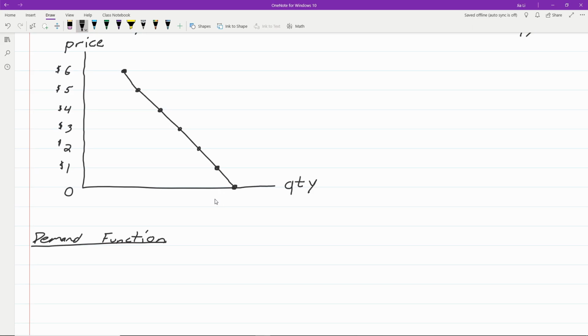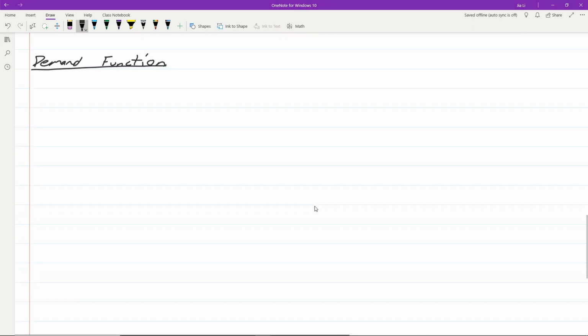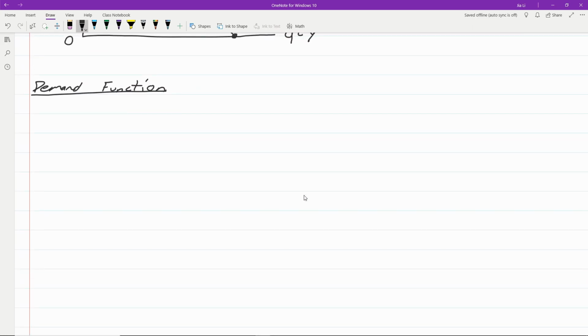Now, of course, with the price being on the y-axis and the quantity being measured on the x-axis, what I want to do is not specifically formulate it in the y equals mx plus b form.